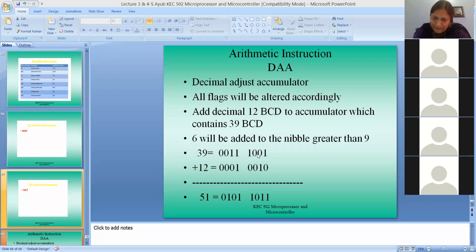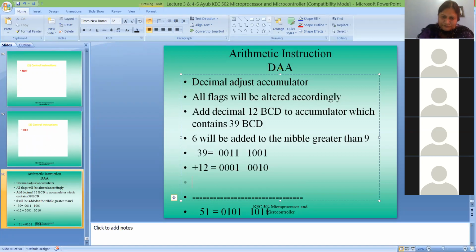So apart from this, you have to add 6, that means 0110. When you add 0110 to this, this is your 6.